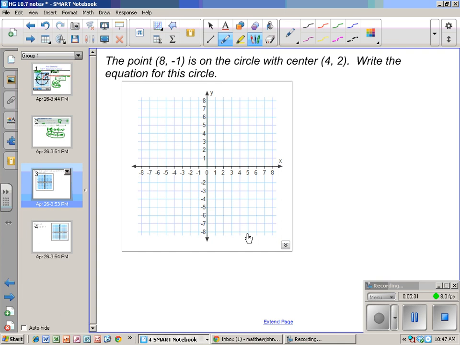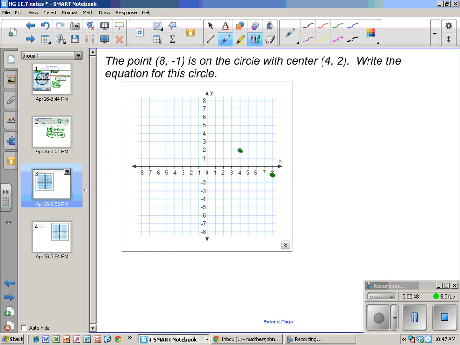Okay, so it's got a center at the point (4, 2). That's right here. The point (8, -1) is on the circle. That's this point. So the question is, write an equation for this circle.